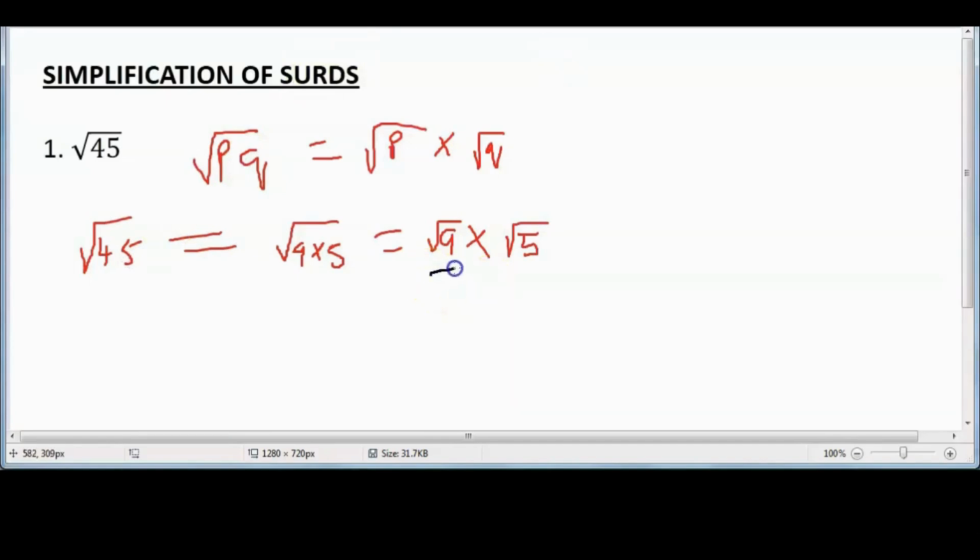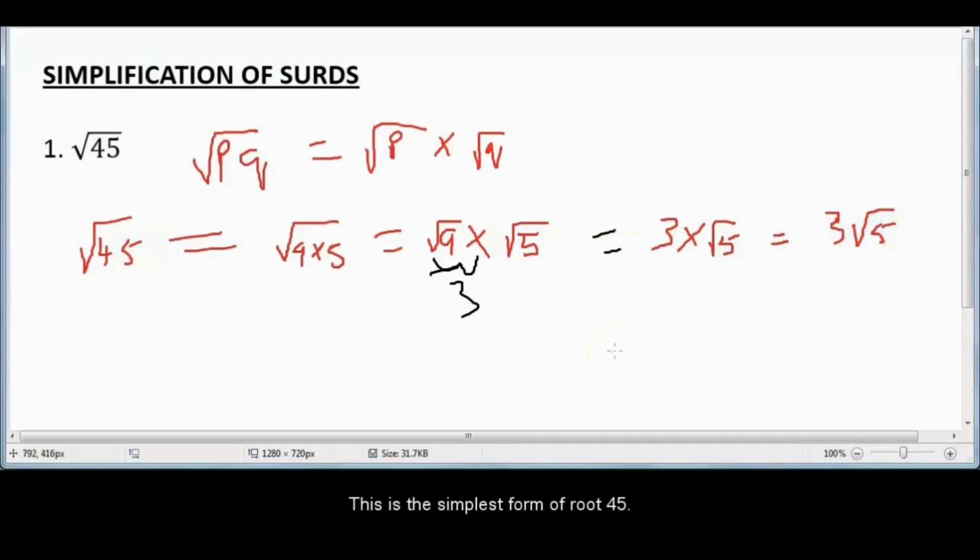But 9 cannot be in surd form because its exact value is known. The square root of 9 is 3. So this now becomes 3 times root 5, which is the same thing as 3 root 5. This is the simplest form of root 45.